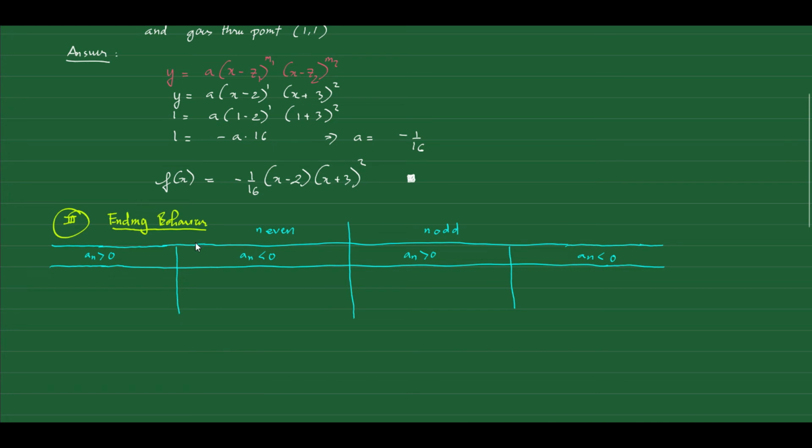So if a sub n is greater than 0 and n is even, the sketch of the polynomial function will be something like this. For this one, it will be upside down, kind of the same thing but upside down.